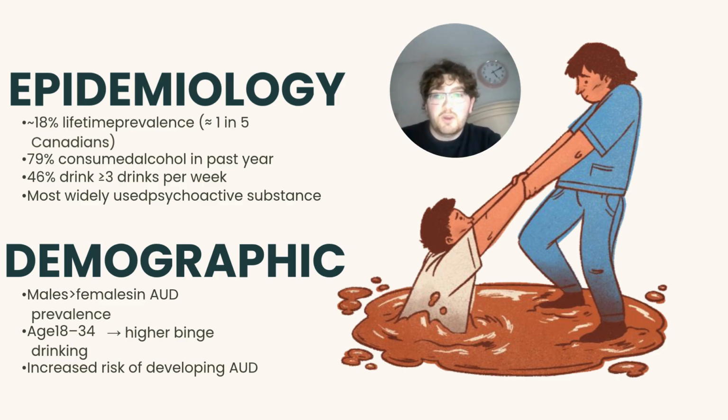So, going into the etiology and demographics, who is most at risk, you might ask? The data shows a higher prevalence in males, but the age demographic is what really stands out. The high-risk window is between ages 18 to 34. This is the period where binge drinking is most common.